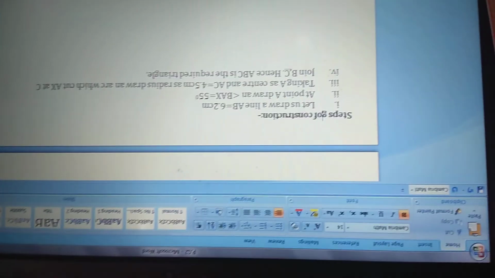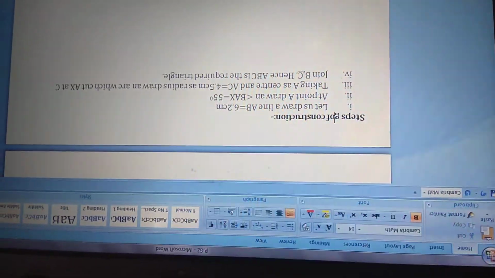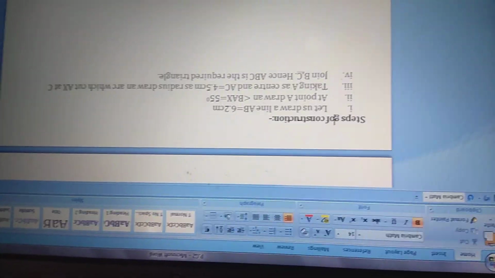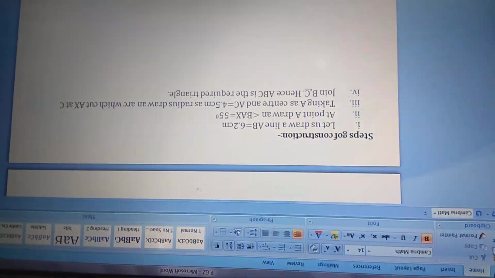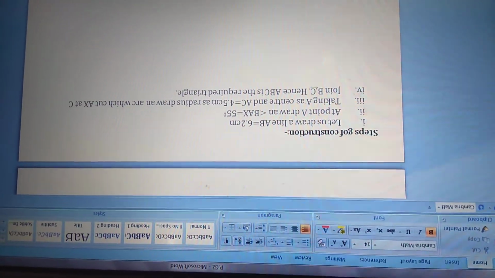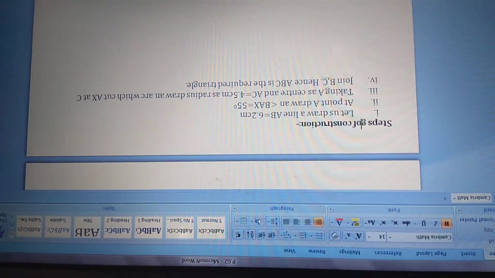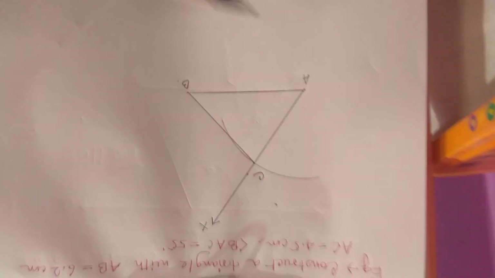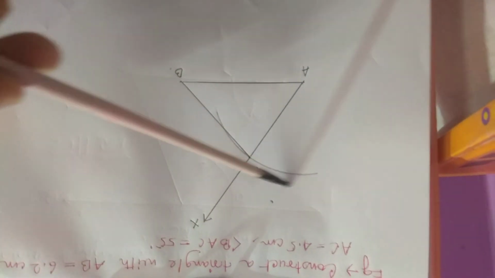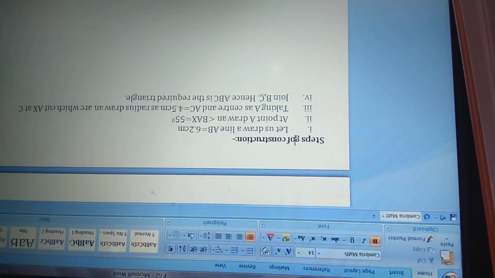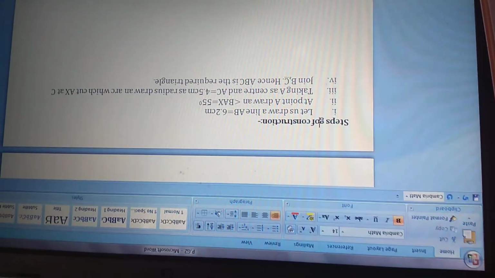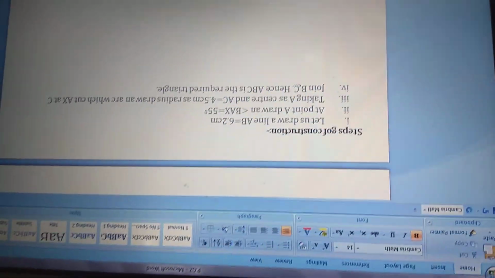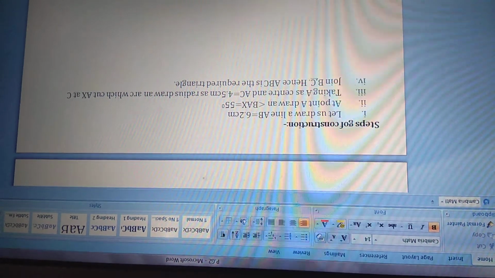Third point is taking A as center and AC equals to 4.5 centimeter as radius, draw an arc which cut AX at C. And the last point is join BC. Hence, ABC is the required triangle.